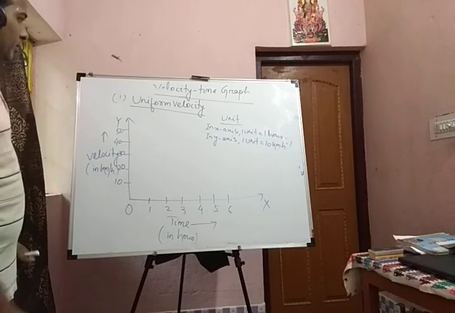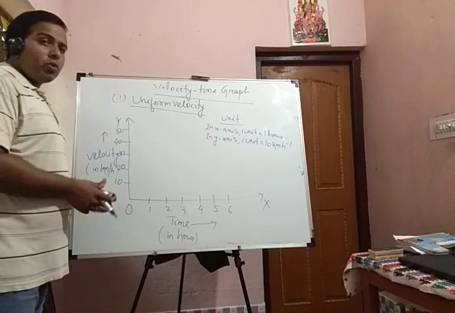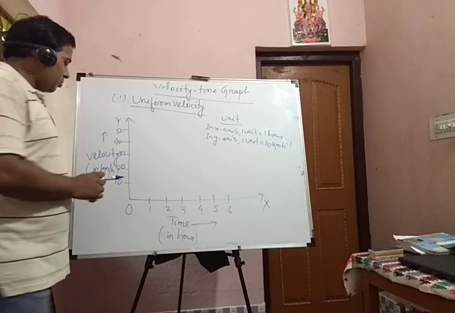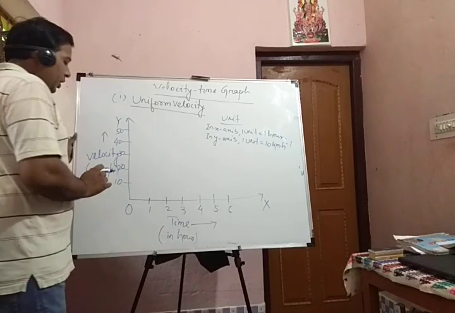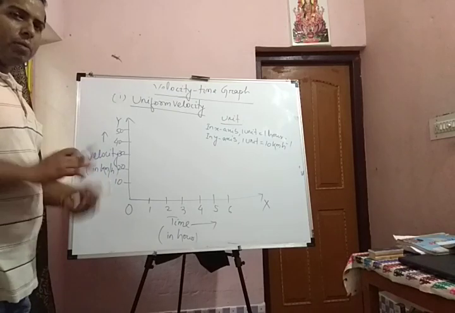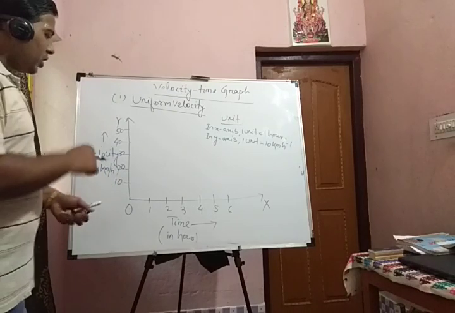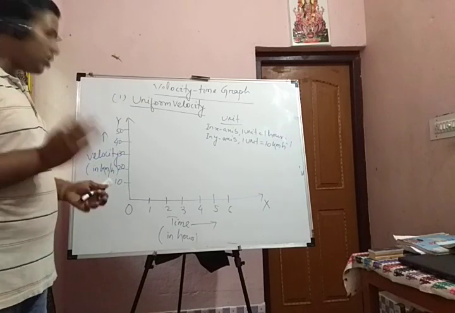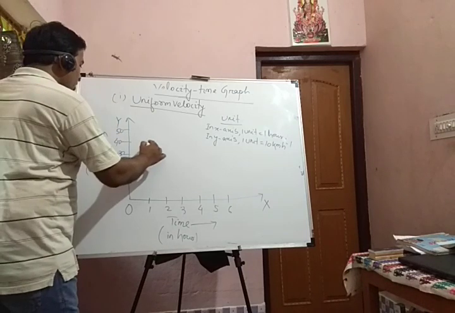Okay, so when the body is moving with a constant or uniform velocity, that is 40 km per hour. When it is 1 hour, the velocity is 40 km per hour. When it is 2 hours, the velocity is the same 40 km per hour. At 3 hours, the velocity is the same 40 km per hour.